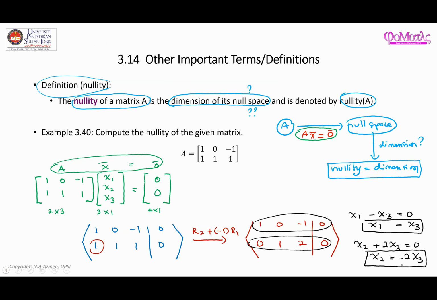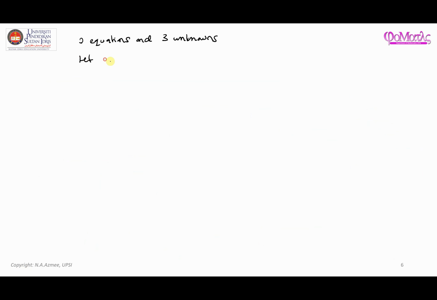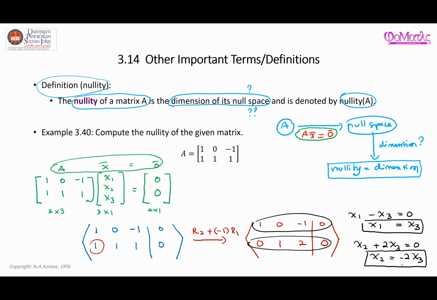So notice that we have two equations and three unknowns. Therefore, one of them is going to be a free variable, and we're going to let x3 equal to any letter that you like, maybe equal to t, where t can take any real number, and so the value of x2 is just equal to negative 2t.